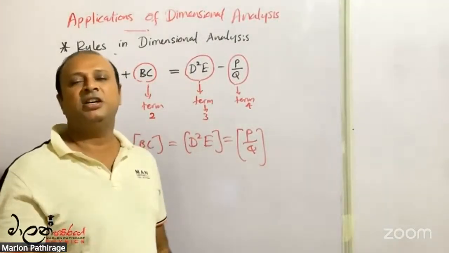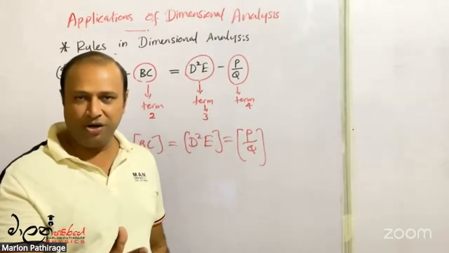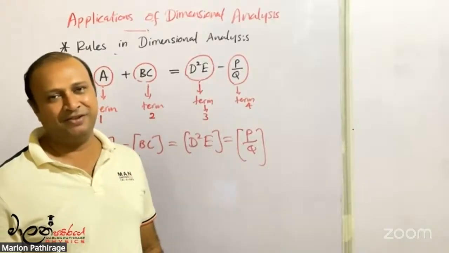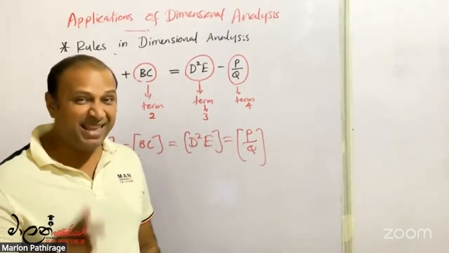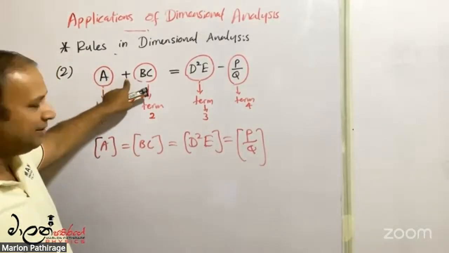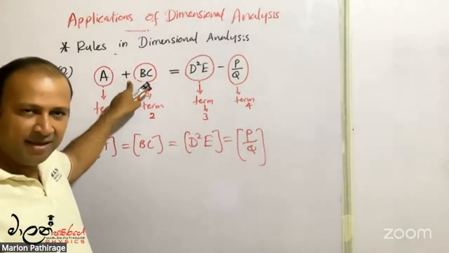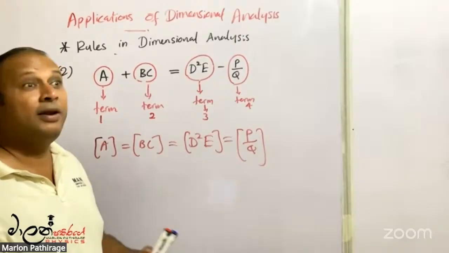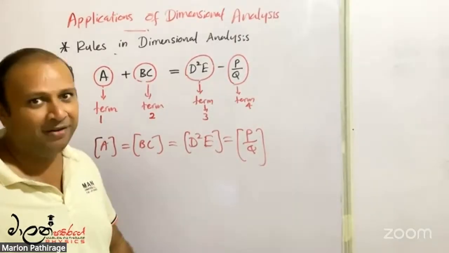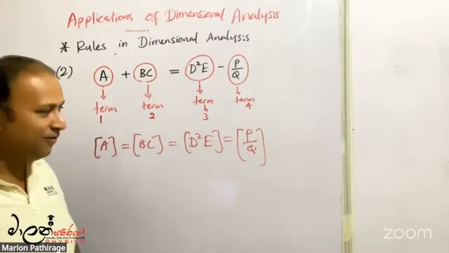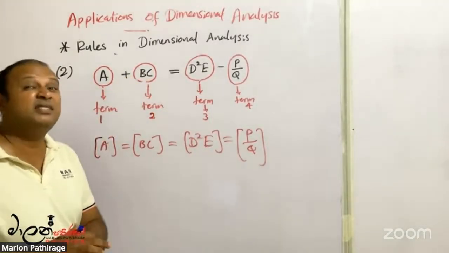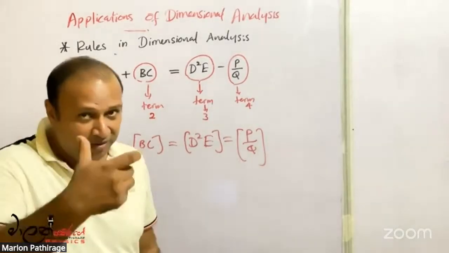All the terms in an equation should have same dimension. That is because two terms are separated by addition or subtraction. We cannot add or subtract two different physical quantities. Therefore, this one should be equal to this one. Equal means dimension, not value.